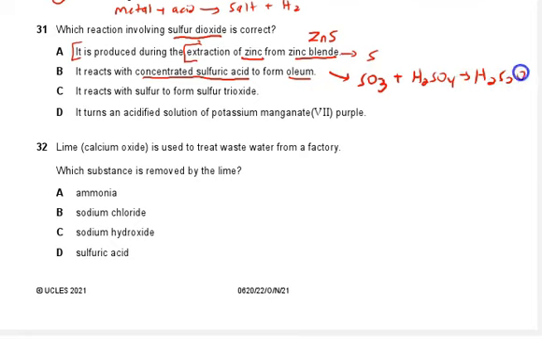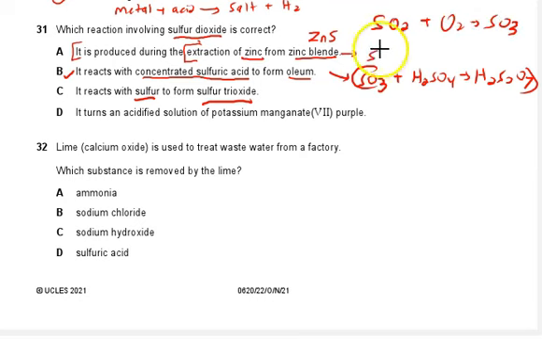So this is oleum. So this is partially correct. It reacts with oxygen to form sulfur trioxide. Yes, this is the process before this happens. Sulfur dioxide plus oxygen to form sulfur trioxide.